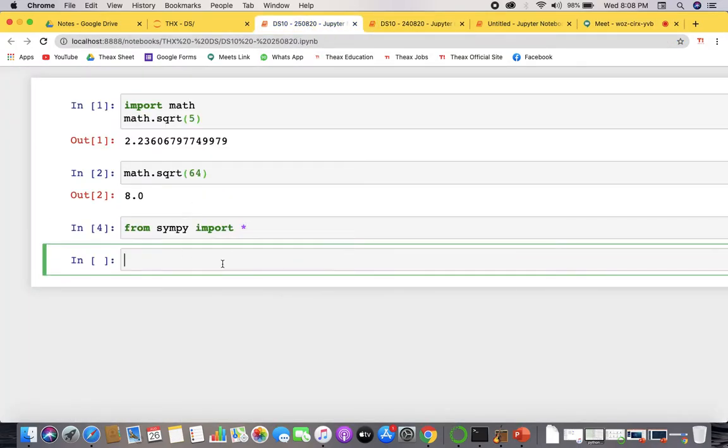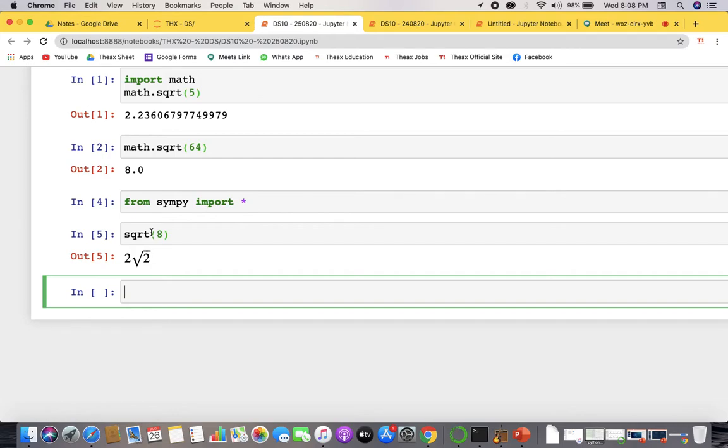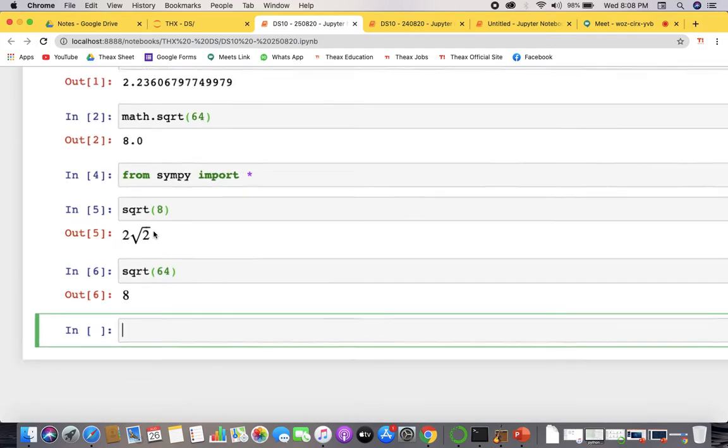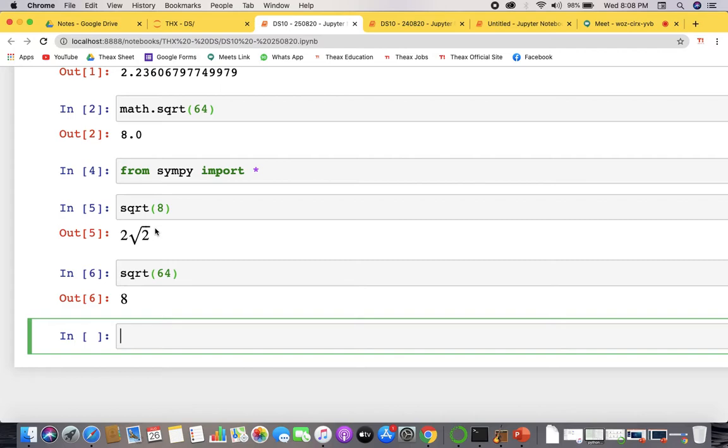Now we saw the square root of 5 is something, and the square root of 64 is something else. SymPy is a symbolic computation package, right? So here if I write the square root of 8, this is 2 root 2. If I write the square root of 64, this is 8. A number which is a complete square will give an integer outcome: 25 gives 5, 36 gives 6, 49 gives 7. If you want a cube root or square root, you'll get the respective answers.